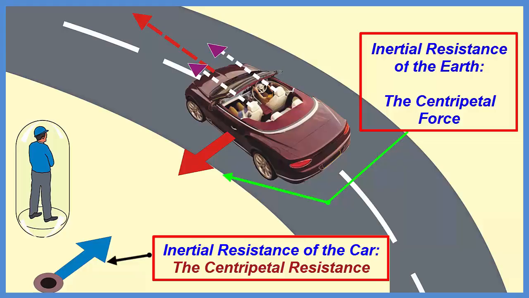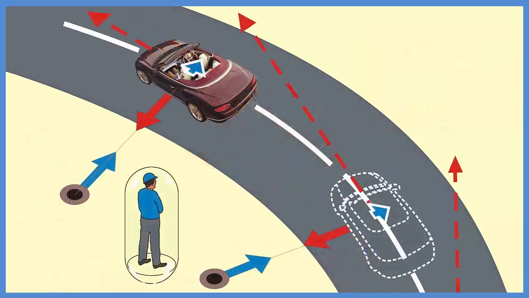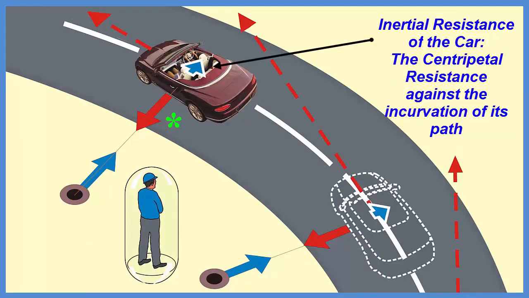This dynamics is valid with respect to a non-accelerated observer, floating in space, not connected to the car or the Earth's surface. Taking 2 points of the curved path, the tangents to each point are observed. Therefore, it is clearly noted that the curved path is an inward displacement away from the tangents, caused by the centripetal force, that is, the Earth's resistance.